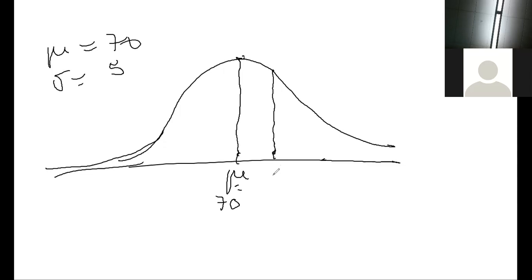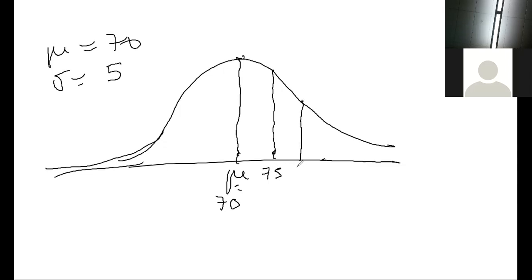One standard deviation more than the mean. Do you see the standard deviation? What is the standard deviation? 5. If the mean is 70 plus 1 standard deviation, what do we get? 75.